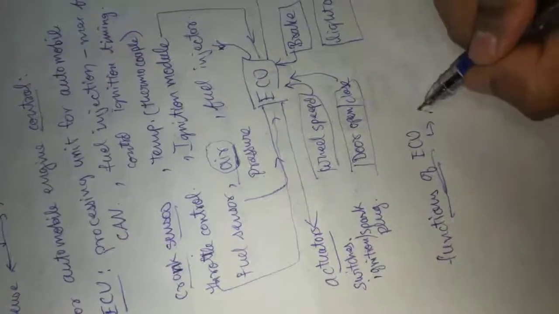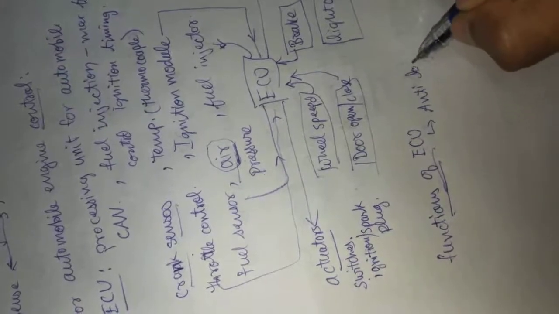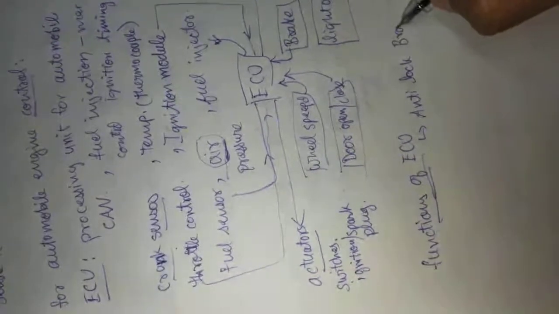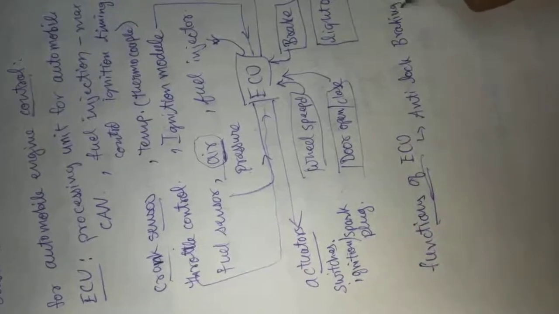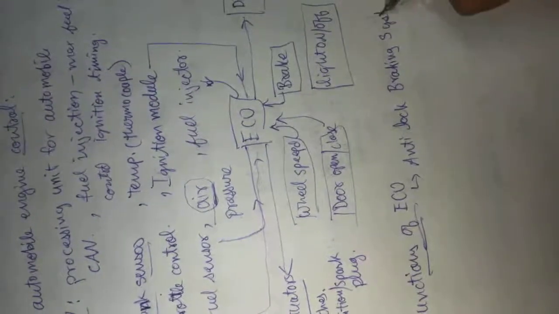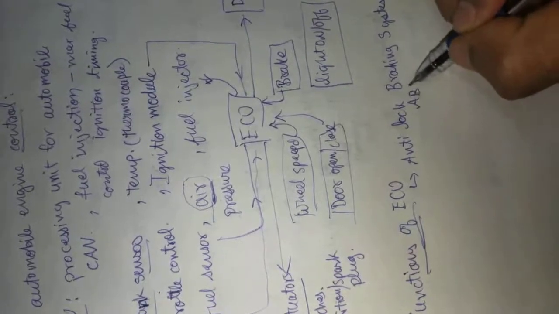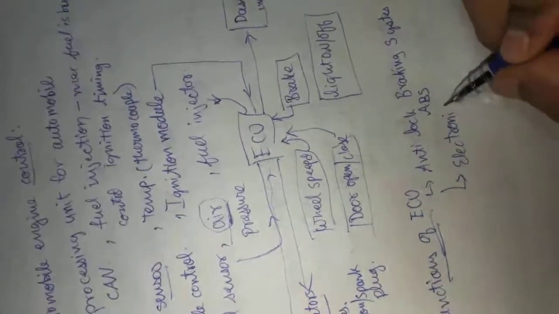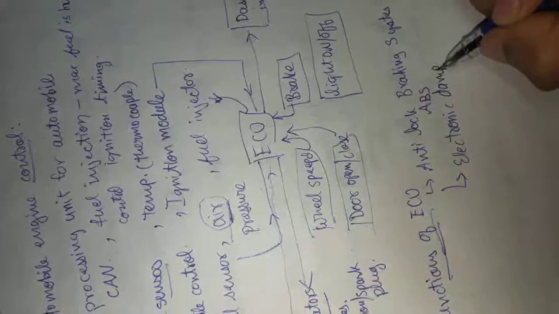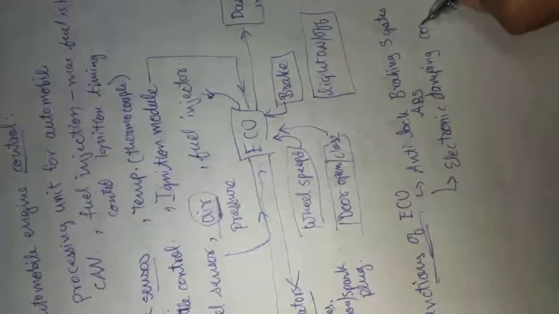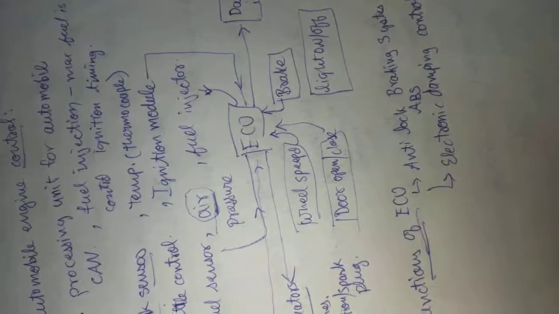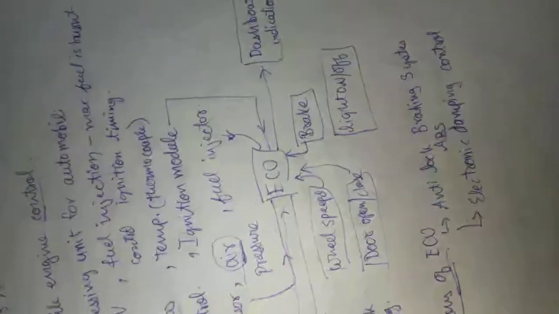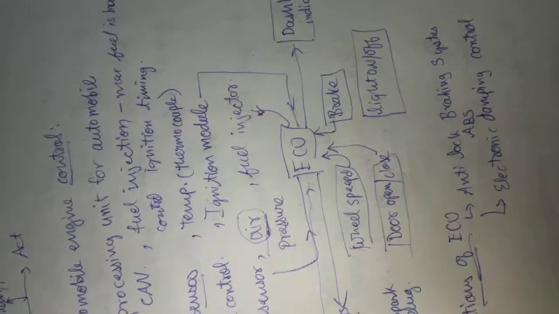One is the anti-lock braking system, which we call ABS. There is also electronic damping control, so that whenever there is a rough drive, the vehicle does not bump much and minimum damping is there.